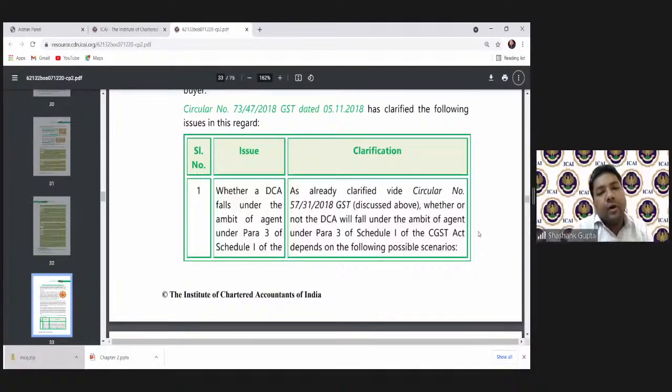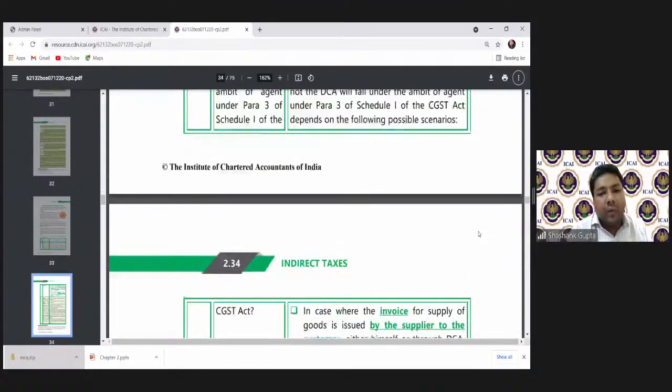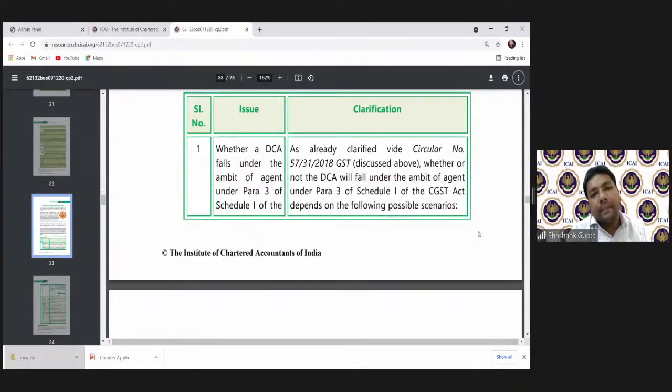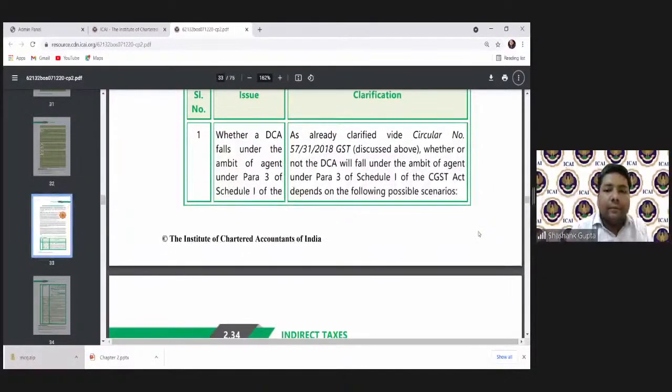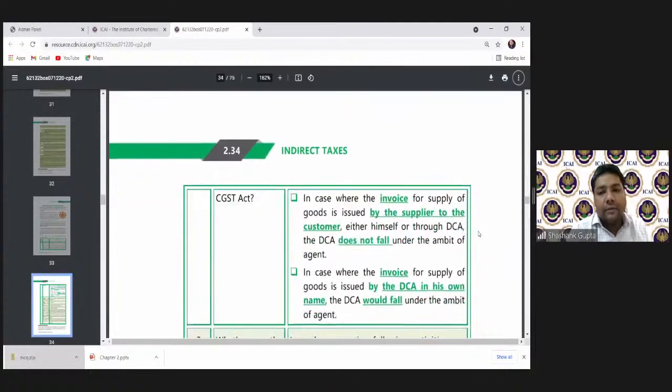Here, the first question was whether a del credere agent falls under the ambit of agent under para 3 of Schedule 1 of the CGST Act. And here it was clarified that it depends on the following scenarios.